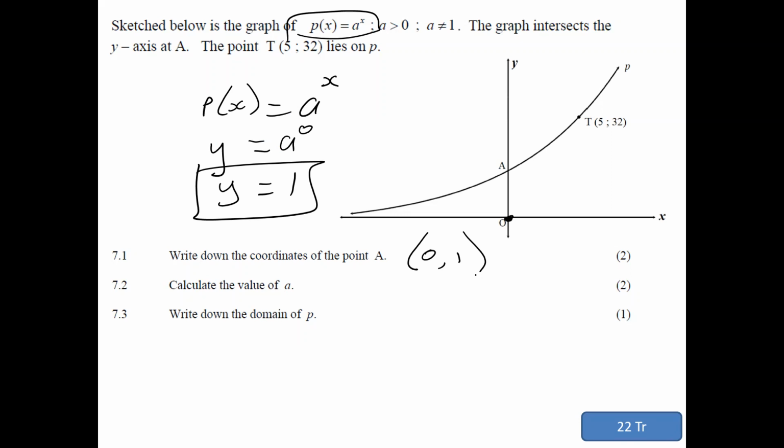Okay. So if we look at the next question, it says calculate the value of a. Let me give you a minute for that question.